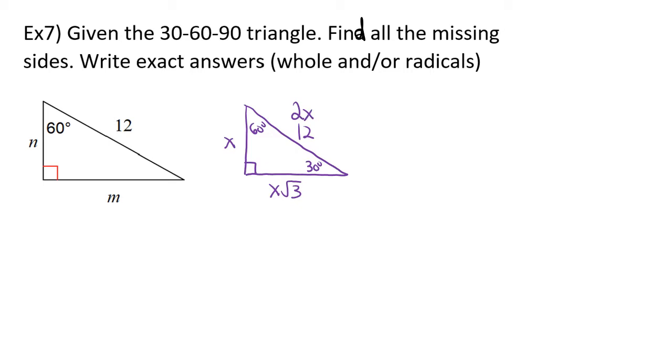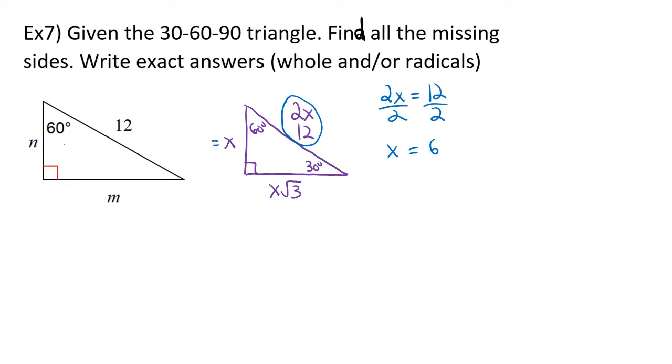So here we can see that the 12 is equal to the 2x. So we can ask ourselves, 2 times what number would equal 12? It would be 6. Or you could just set up an equation and solve it. So x would equal 6, which means you now know what x is.